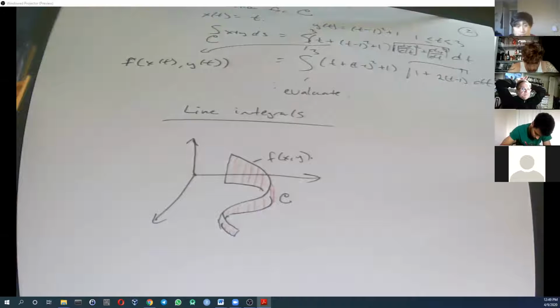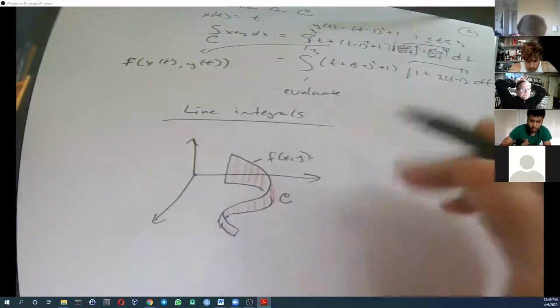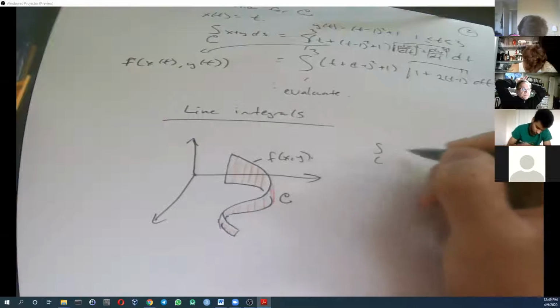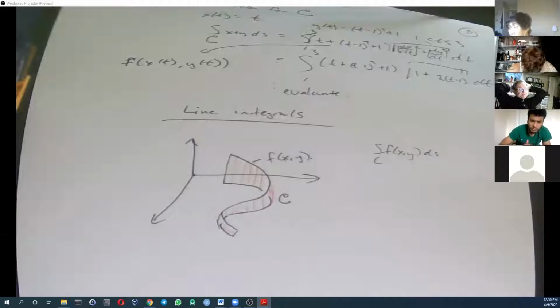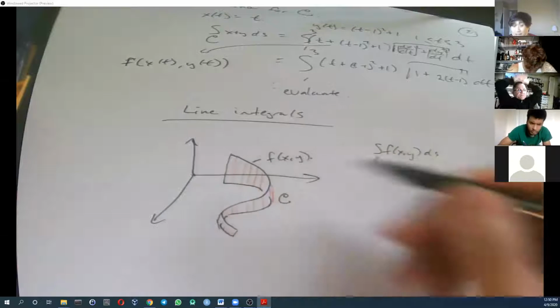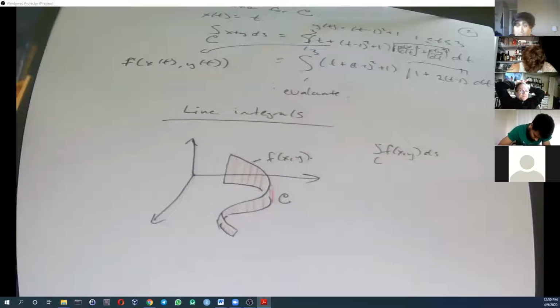This picture is in the book, but the line integral of f ds can be interpreted as this shaded region, the red stuff. It's the area of that region.